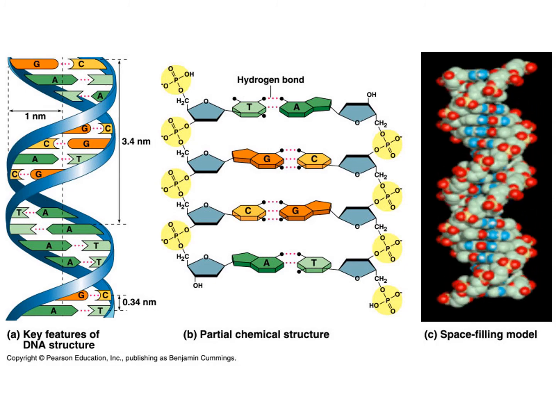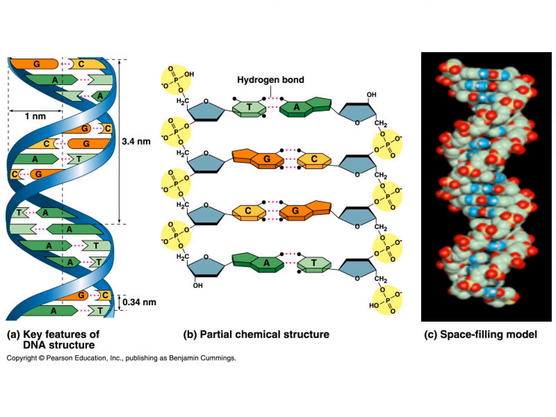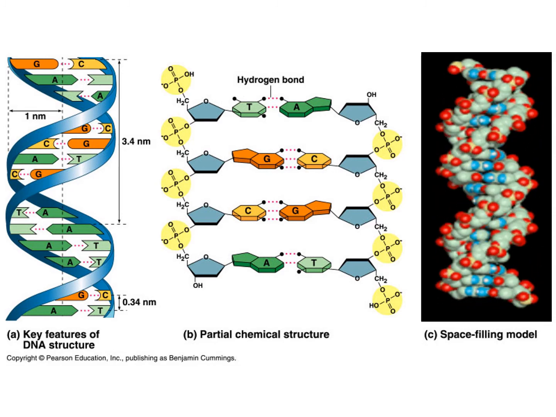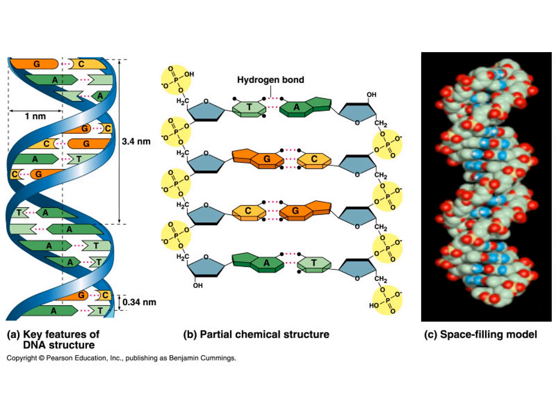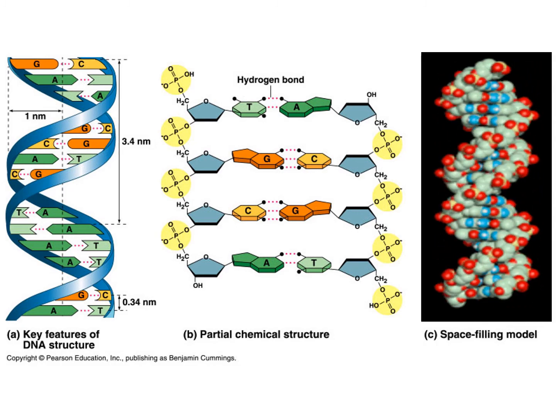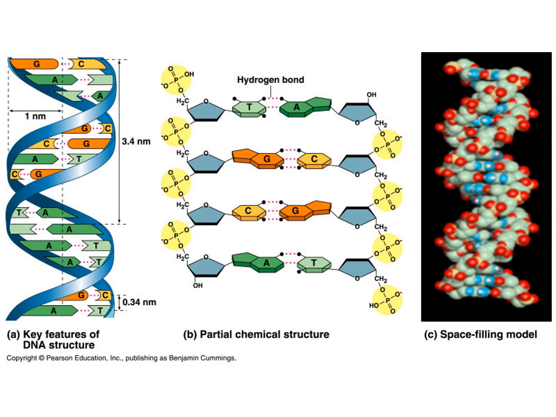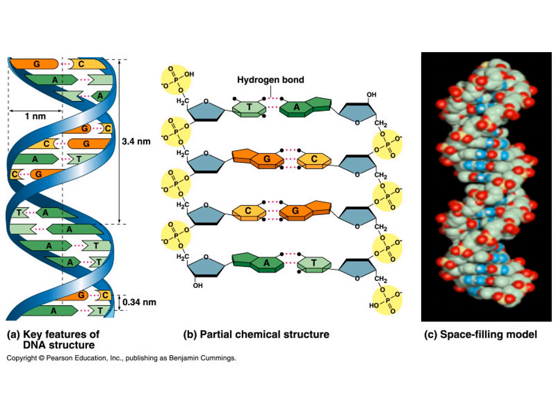In the middle here, you can see just a close-up on a few of those rungs. So we're seeing 4 rungs in the ladder. Again, the backbone would be the phosphates and the sugar. And then in the middle, we have our nitrogenous bases, which are cyclical structures.